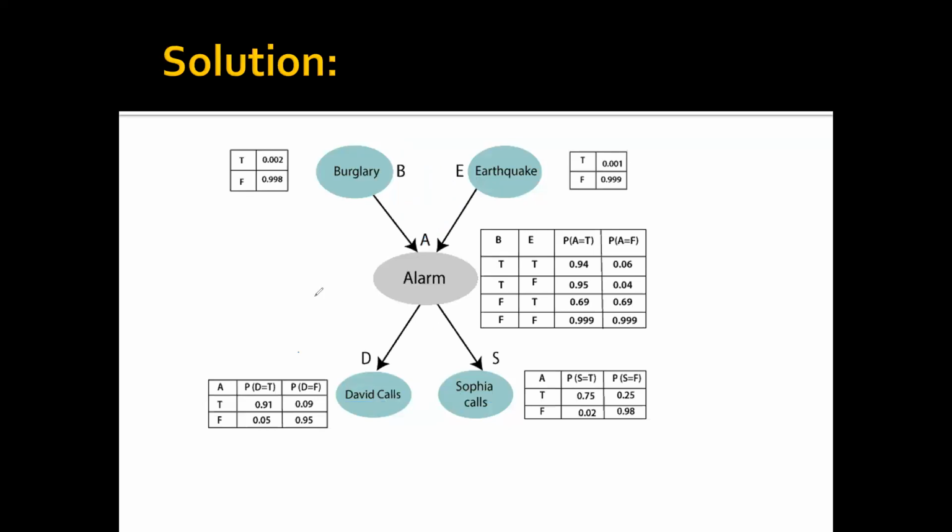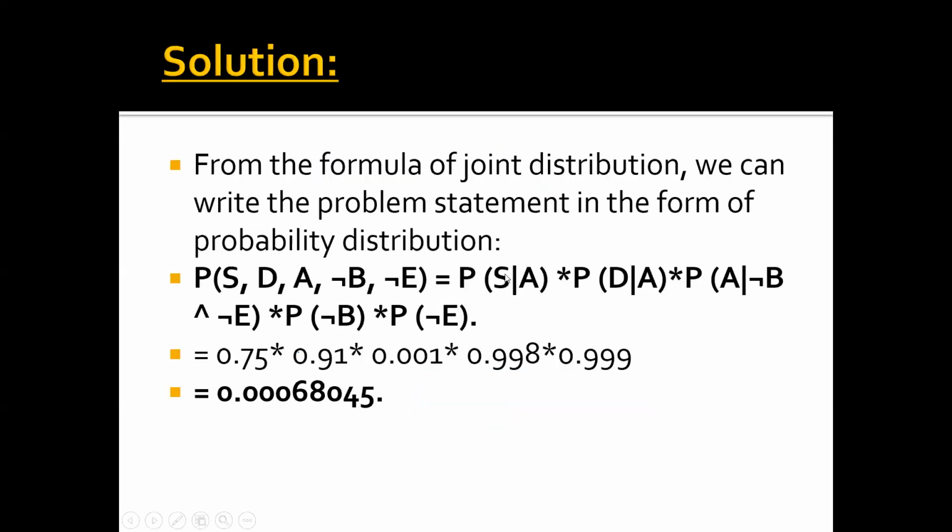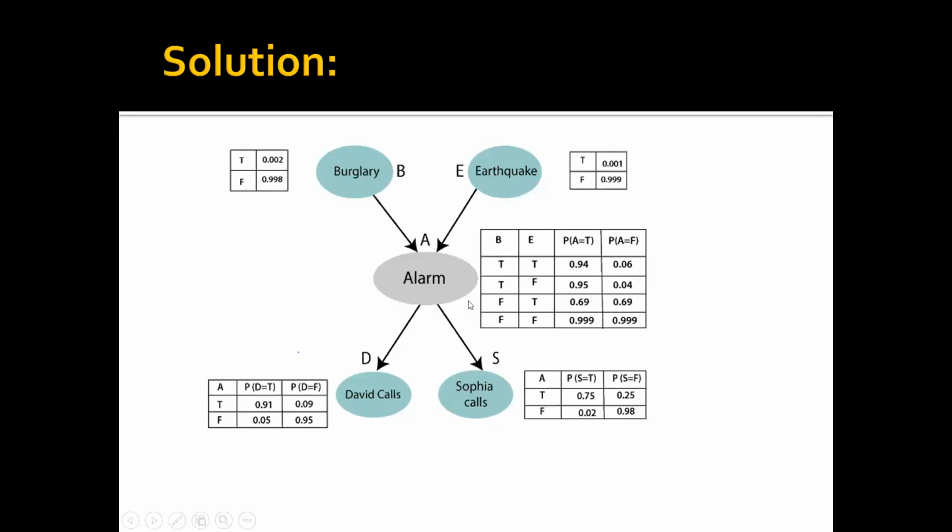So you can see the last one, that is P. Now you can easily understand why we have written S by A, D by A into P negation P A upon B and E, then simply negation of B and P negation of E. Now from the table, we'll pick the probabilities of the events. For the first event, we have S by A. From this table, we can see what is S by A. S by A is this one, where S is true, because the event A is positive, it is not negative.